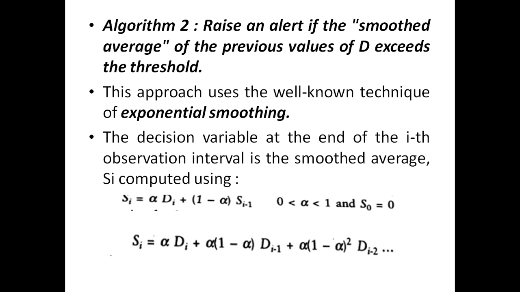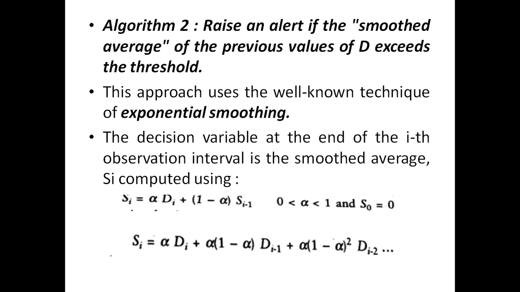For example, suppose we set alpha as 0.4, then we get the formula Si = 0.4*Di + 0.24*D(i-1) + 0.144*D(i-2).